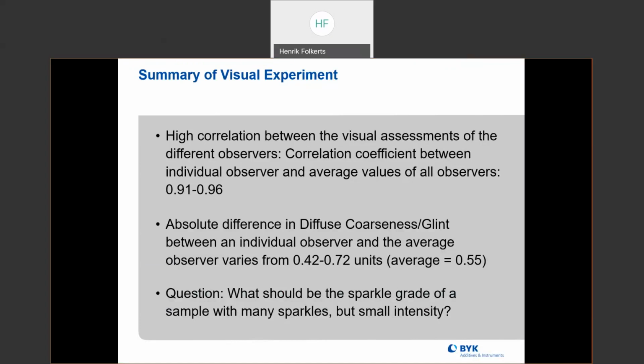Part of the other outcome was that they could see on average a half a unit, 0.55 to be exact. That was also a big takeaway and helped the development of tolerances for these particular attributes. What they did say is they wanted more information about sparkle and sparkle intensity.